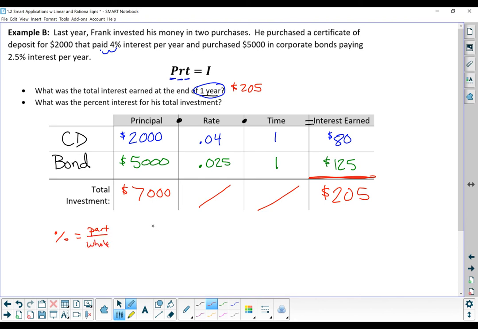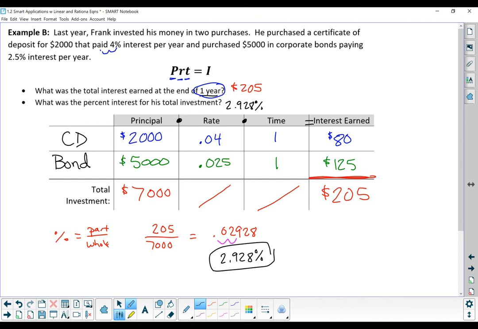So we've got $205 of interest earned on a whole investment amount of $7,000. If we calculate that, we get 0.02928. So if we convert that into percentage form, that would be 2.928%. So that would be the answer to our second question.